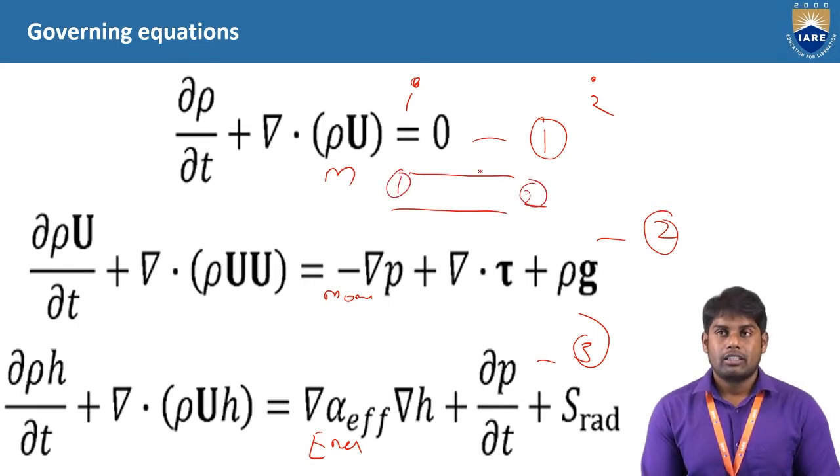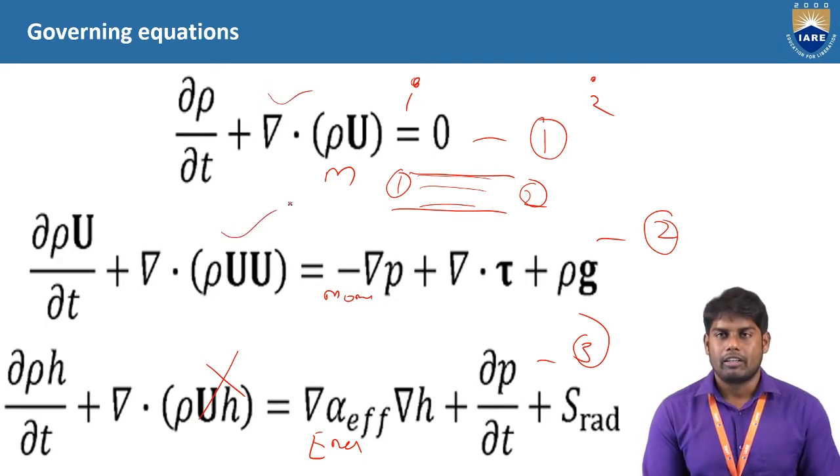Here, if the temperature effects are negligible, since water is an incompressible fluid, then the energy equation will not be considered. The continuity equation and momentum equation will be enough.